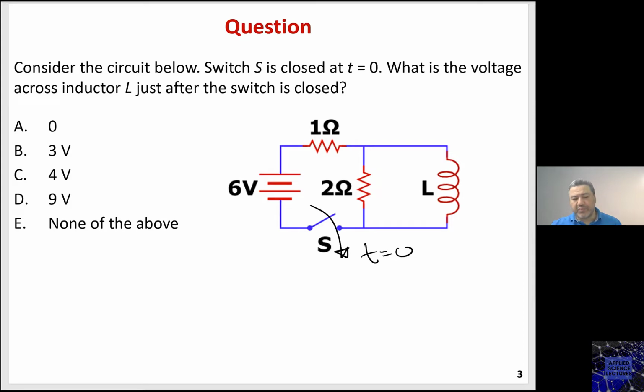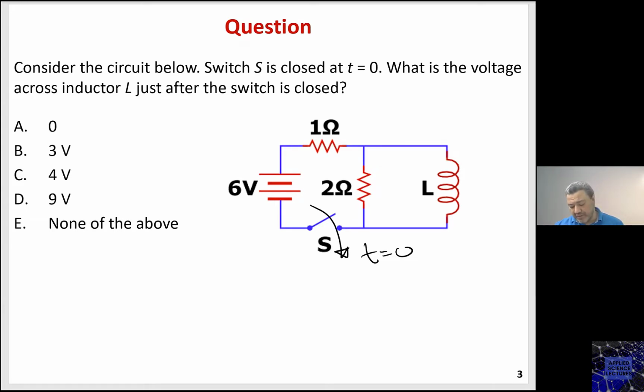Right at the moment when I close the switch, the current is continuous through the inductor, so the current is not going to change. The current right after I close the switch will still be zero. That's why we say that an inductor with no current going through it acts as an open circuit at that moment.